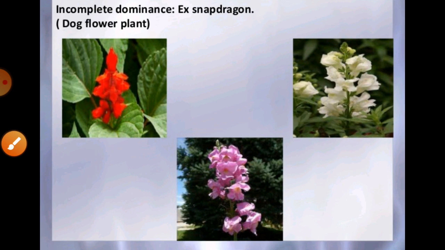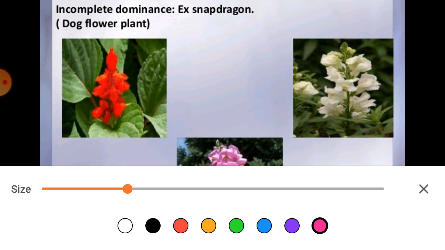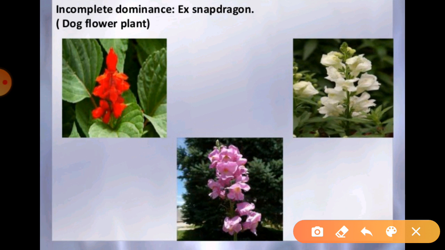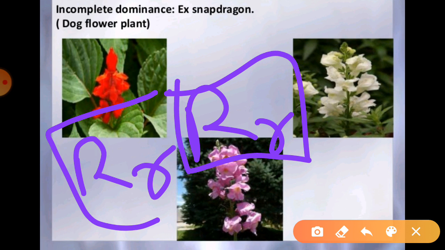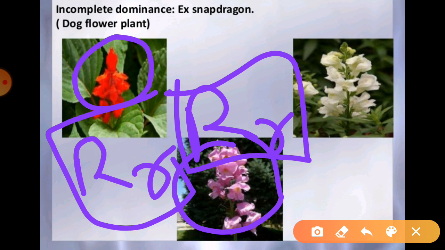But there is a special thing, especially the small r, capital R, small r, and capital R and small r, which can be found over there too. It means that directly or indirectly the dominant character is generally found over this one, red one.